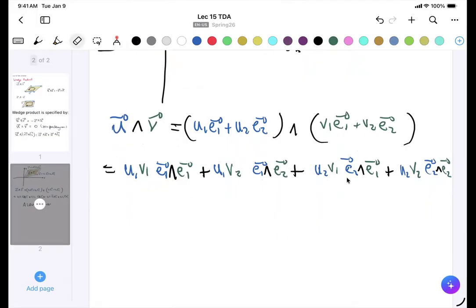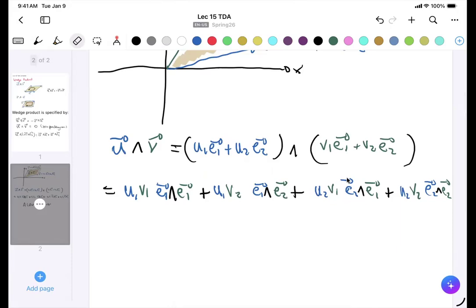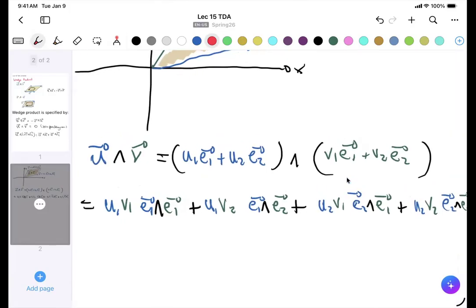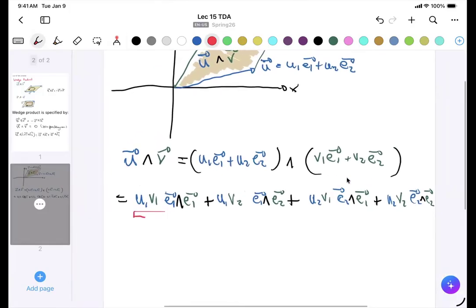Okay, and then again, you don't need to know anything. You just have to know the defining properties of the wedge product. The defining property is that the wedge product of any vector with itself is the zero parallelogram. So these two go away because they're going to be the zero parallelogram, and you don't care about that.